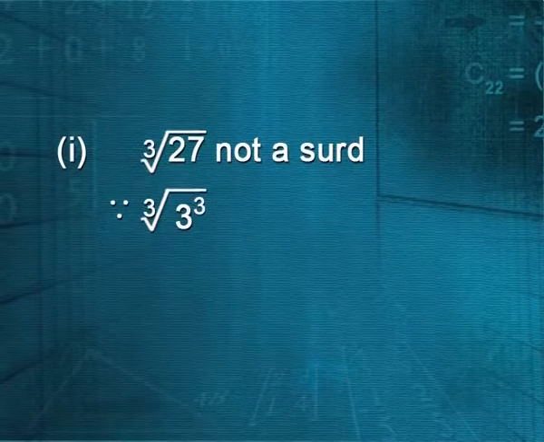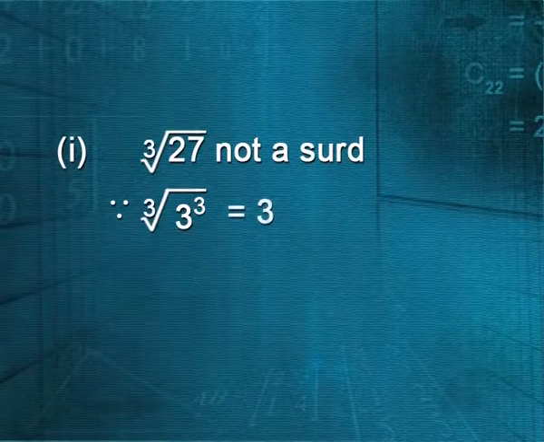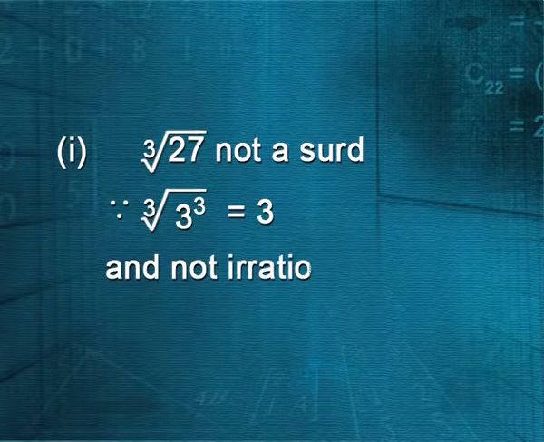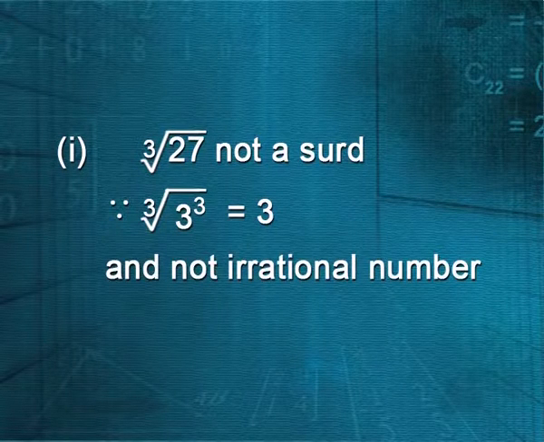Therefore, 27 you can write as 3 cube. Now, when you have given cube root of 27, it can be written as cube root of 3 to the power 3, which is equal to 3, and you know very well that 3 is not an irrational number, it is a rational number.